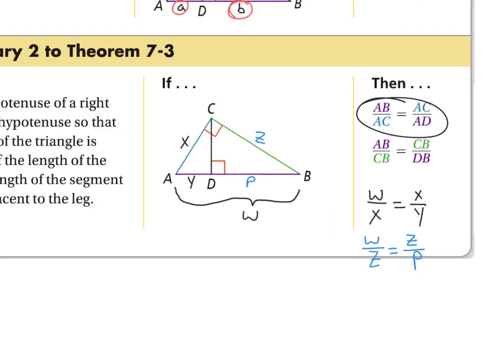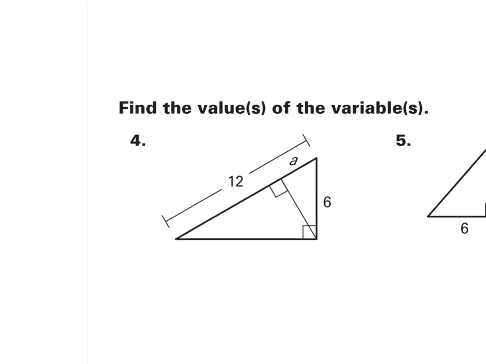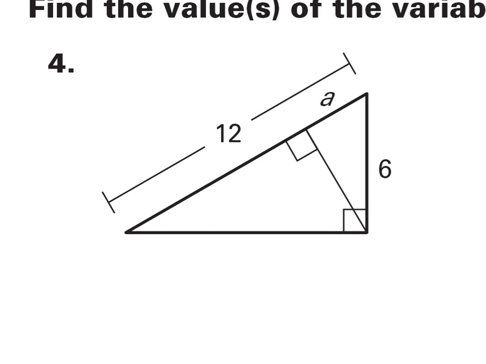Let's start out with problem number 4. Number 4 is a good one. How do I know which corollary to use? Looking at this, am I dealing with the altitude at all? No, I don't have a variable there. I don't know the length of it. Therefore, I am not using corollary number 1. I must be using corollary number 2. I see that this segment I'm looking for, A, is adjacent to this leg 6.